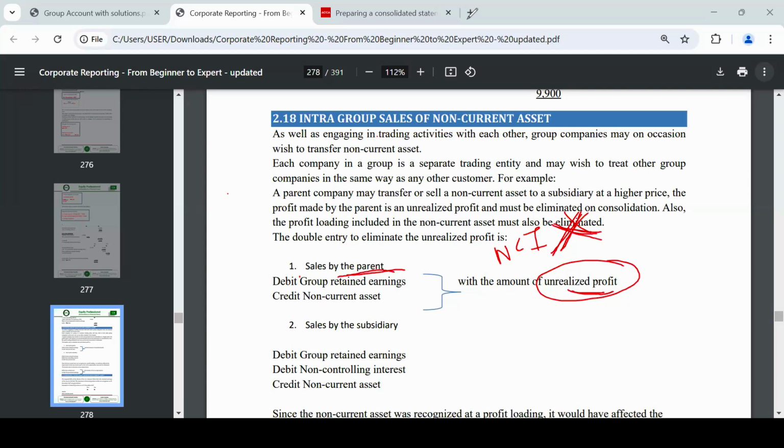But when the sale is by the subsidiary, okay, both PICO and NCI own the subsidiary. So therefore, any unrealized profit that ESCO has made will be shared between the group retained earnings and the NCI. And then we'll go and remove such non-current assets from our consolidation. We'll cancel it out by crediting the non-current assets.